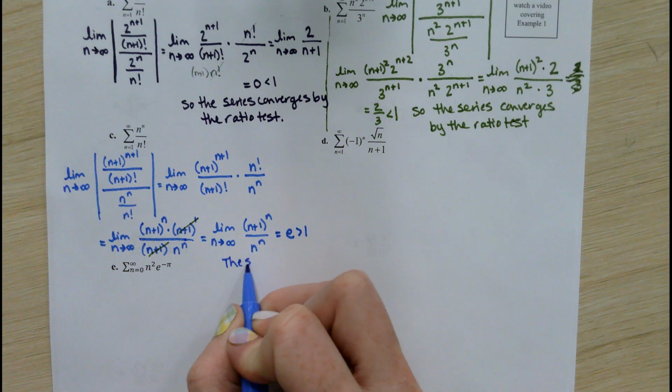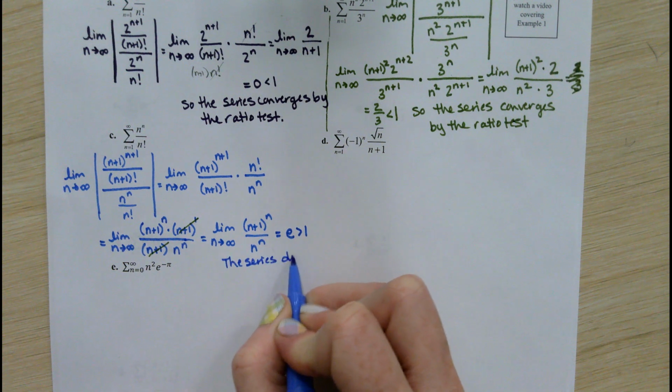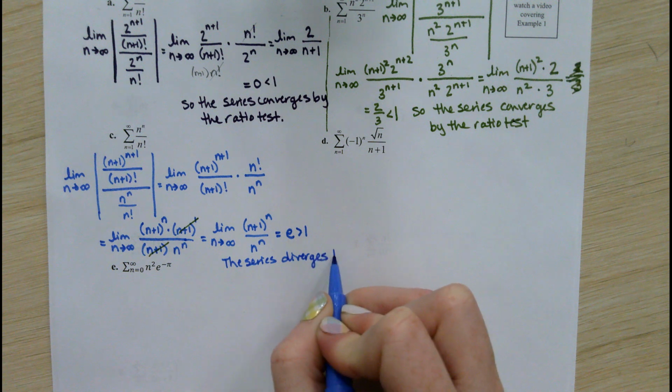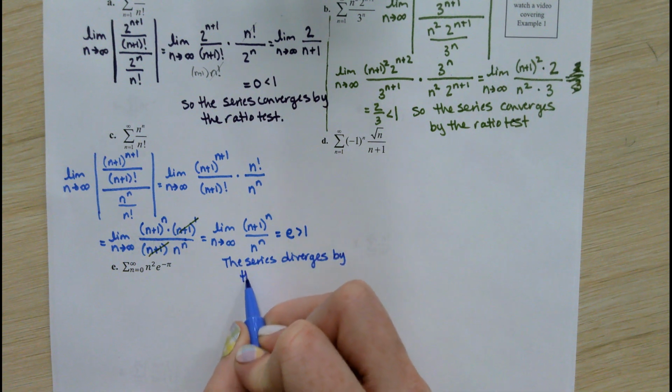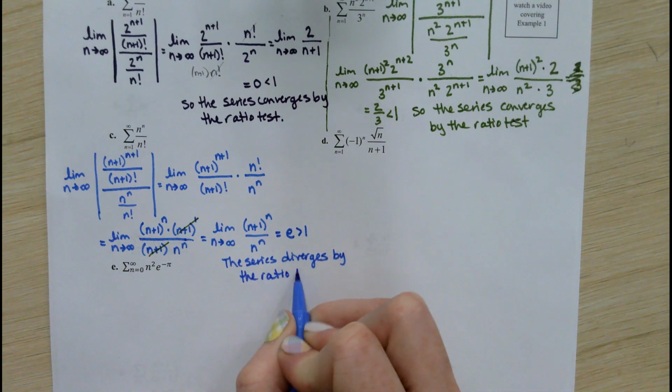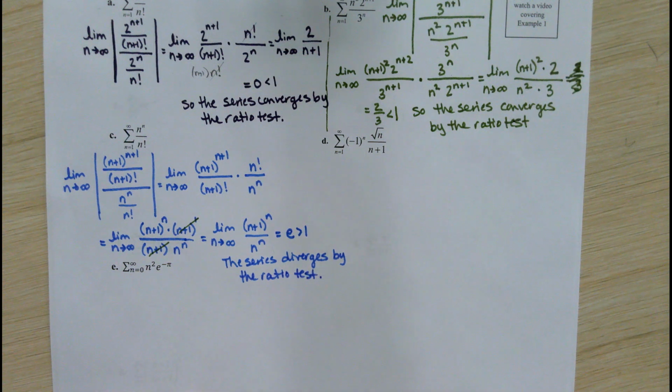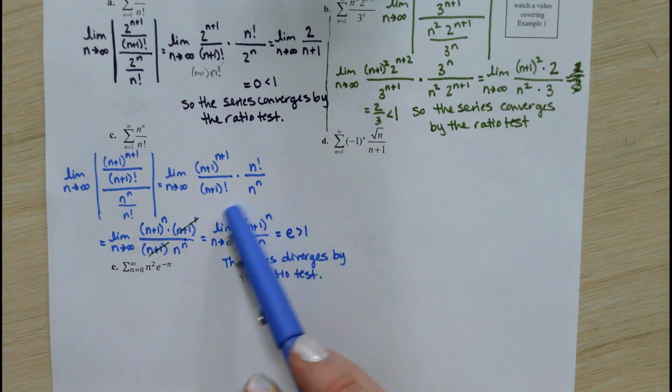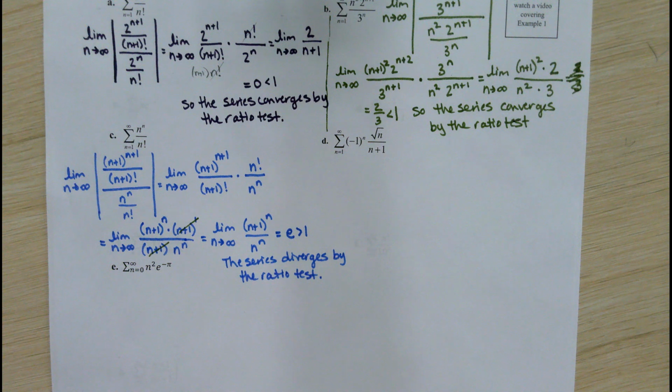So we will say the series diverges by the ratio test, with a little bit of help from a definition for e that you might not be super familiar with.